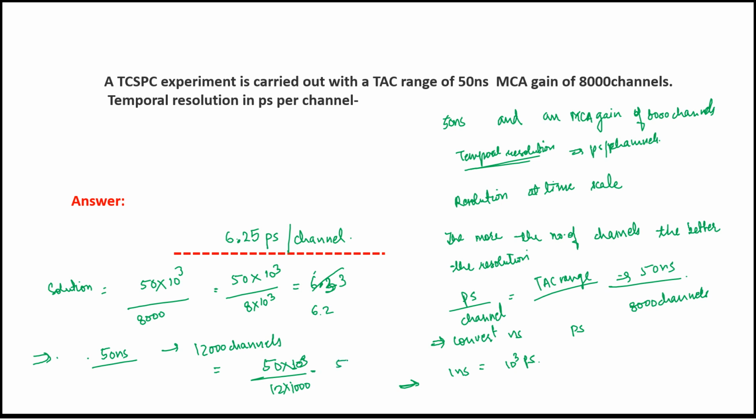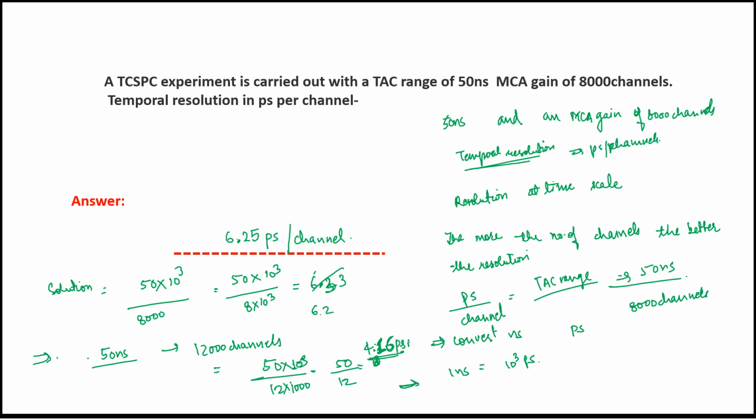So it will come to be 50 upon 12, and thus the answer would be 4.16 picosecond per channel.